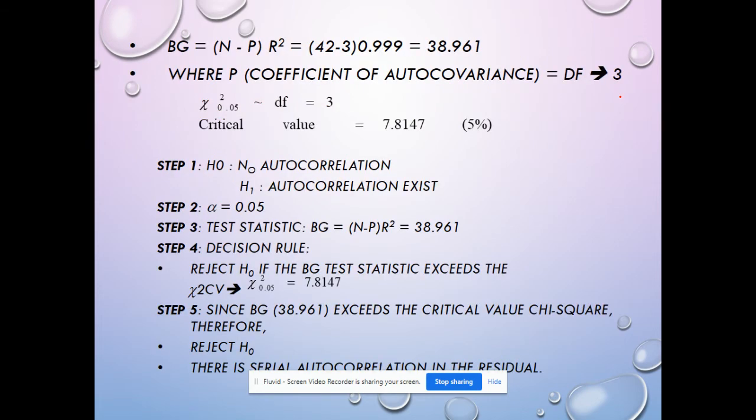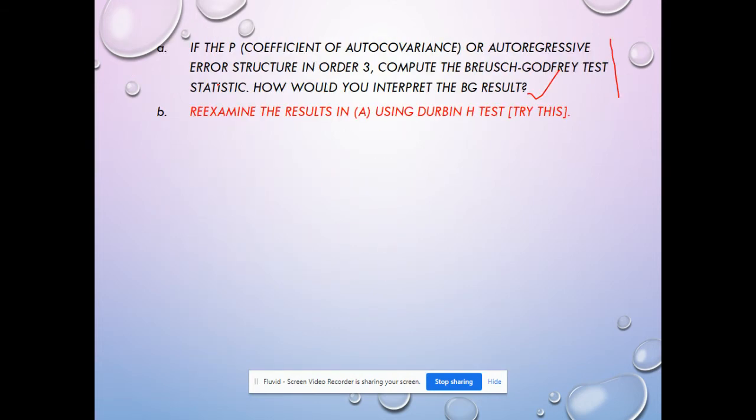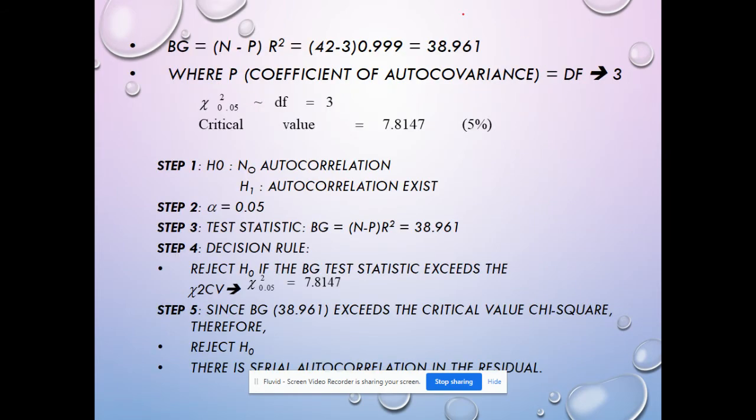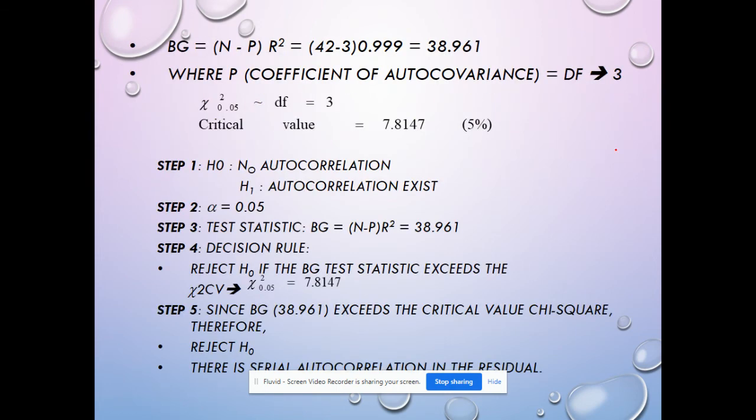N minus P: N is given here as 42, minus P, which is 3, times R squared 0.99. This is the R squared. You get this result, 38.961. With the degrees of freedom you find from the chi-square table, you reject the H0. So it means that there is autocorrelation.